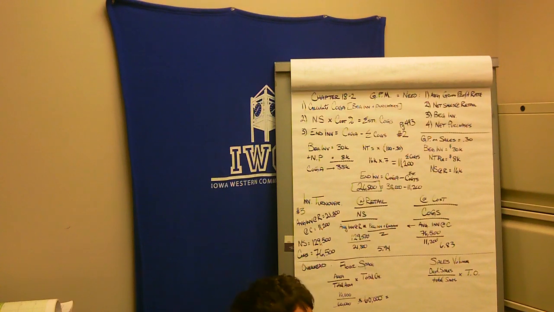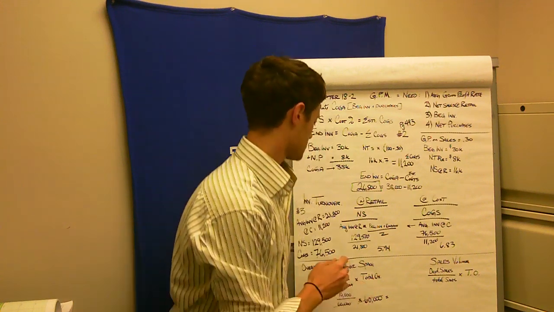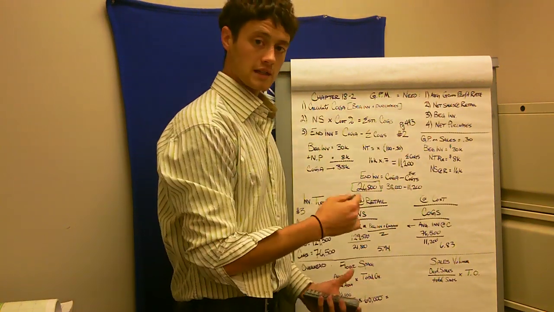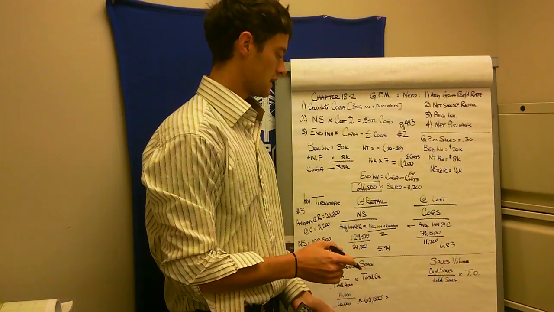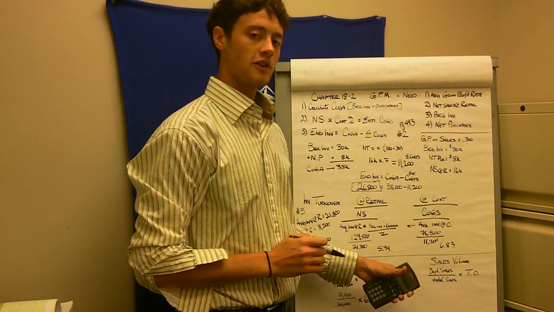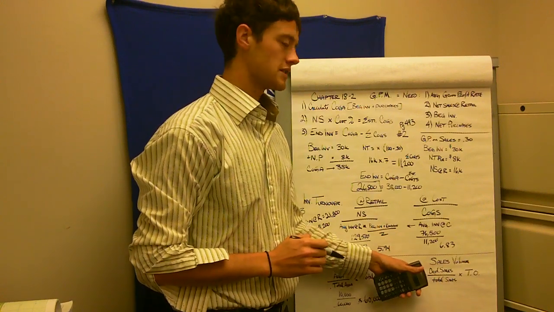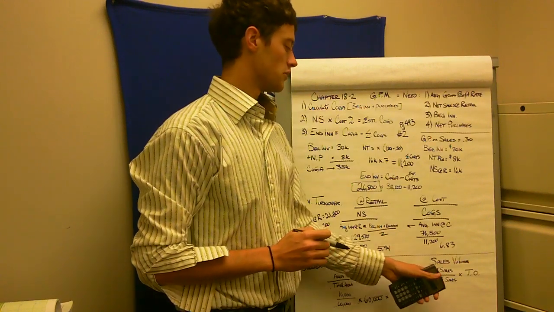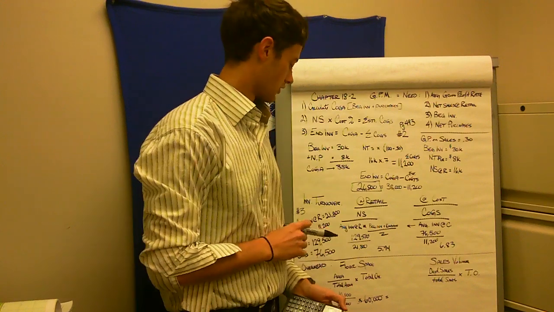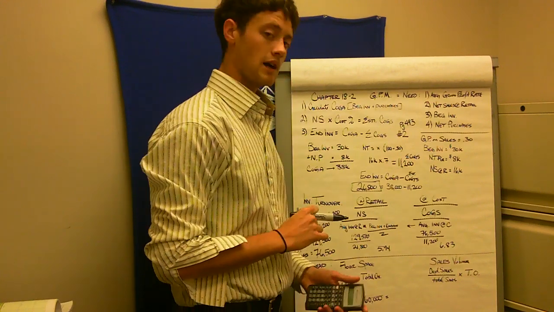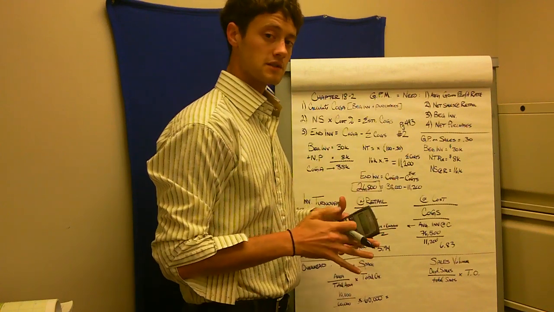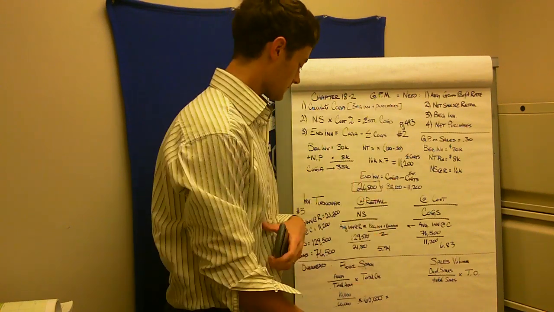Our last one is just overhead. How do we calculate overhead? Two ways: by looking at floor space and then looking at sales volume. For floor space, you take the area of that department divided by the total area times the total overhead. Same thing for sales volume: you take your department sales divided by the total sales and multiply that by your total overhead. If we look at the final practice problem, it says figure out the departments, one of 10,000 and one of 50,000, with an overhead of 60,000.